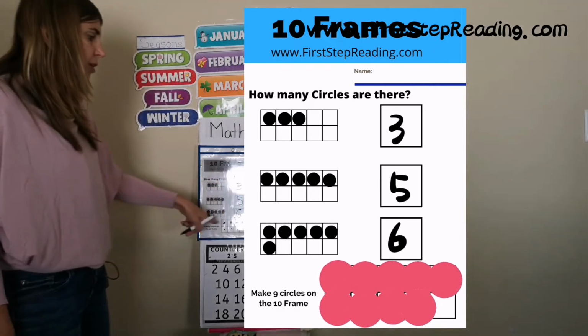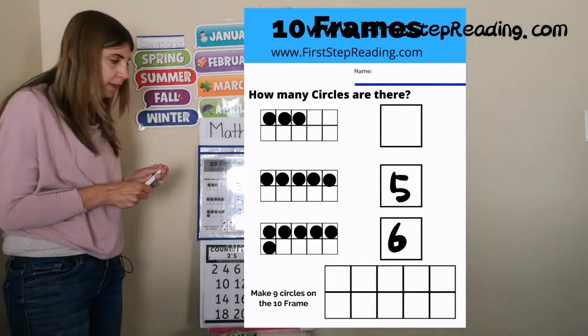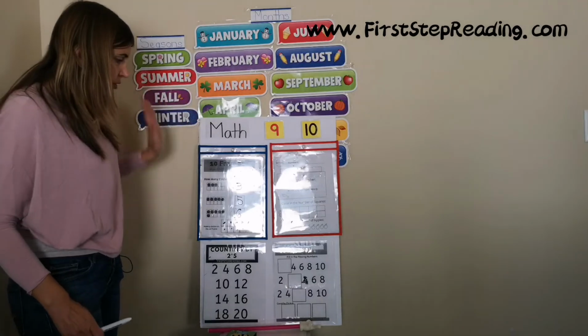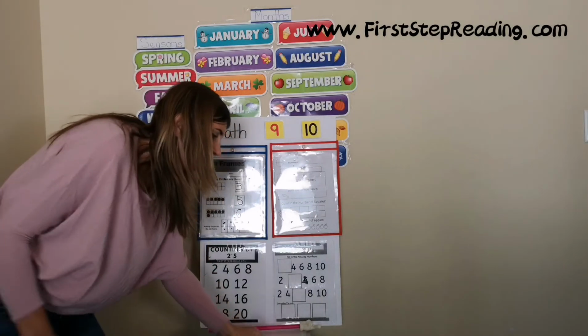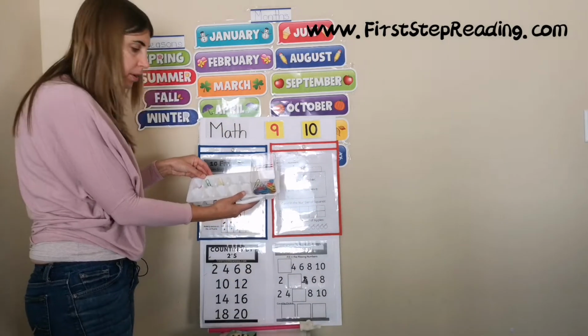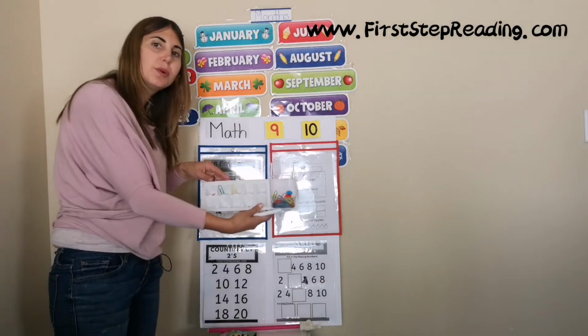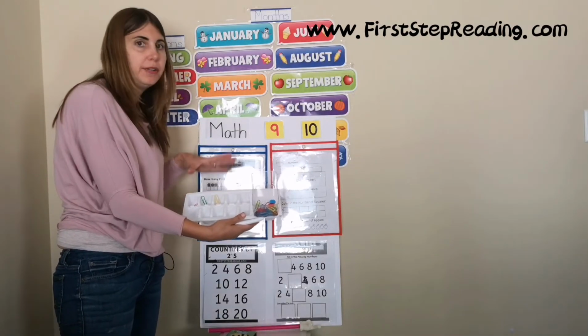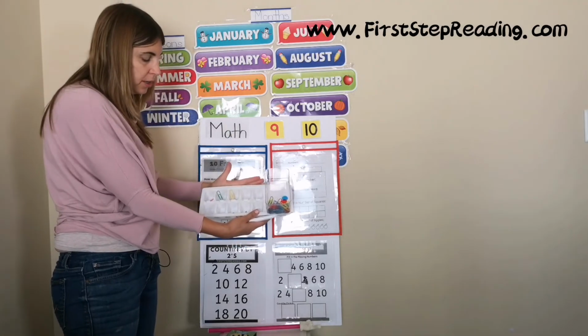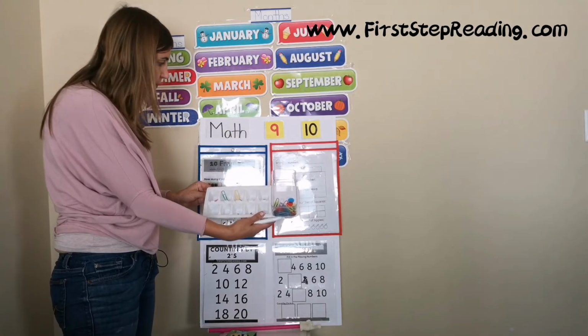So that's how I do my review sheet. Okay? So you could do your 10-frame review sheet. Please, if you're able, make your own 10 frames, because this will come in handy a lot for counting, for adding, and for subtracting. So you make your own visual 10 frame.